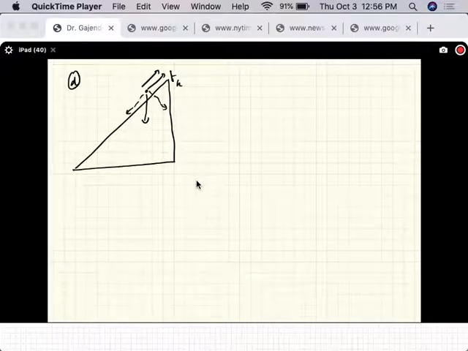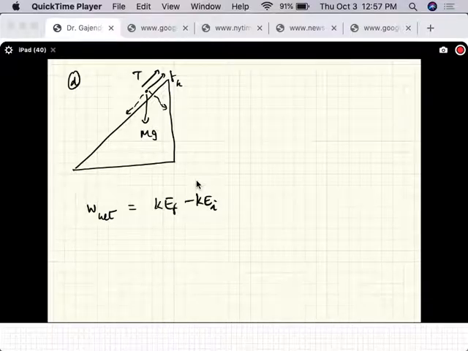These were the forces acting on the object. And the work-energy theorem says the net work done shows up as change in kinetic energy. In this problem, they tell you you're lowering this guy at constant velocity. So when he's at the bottom, his final kinetic energy is the same as his initial kinetic energy. His kinetic energy did not change, because the velocity was constant.